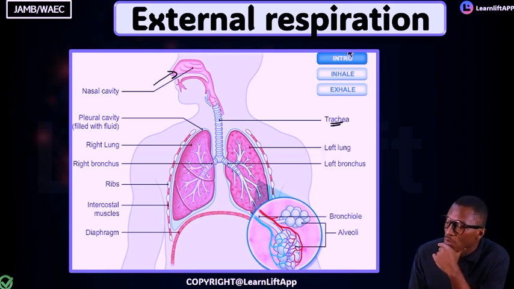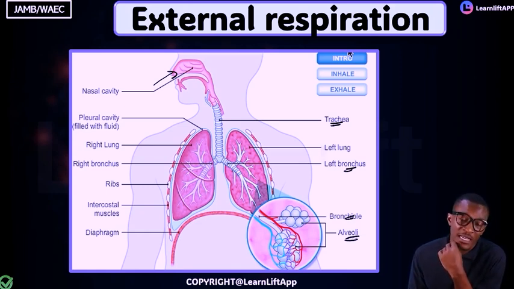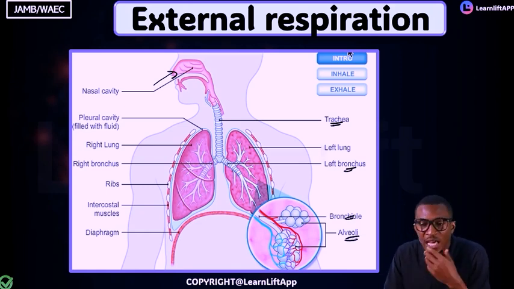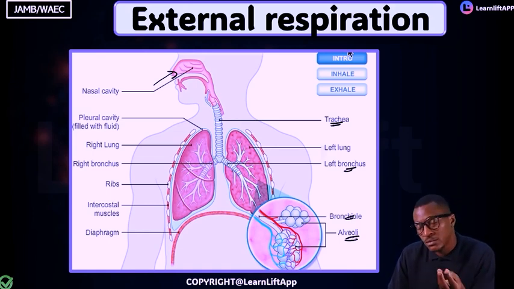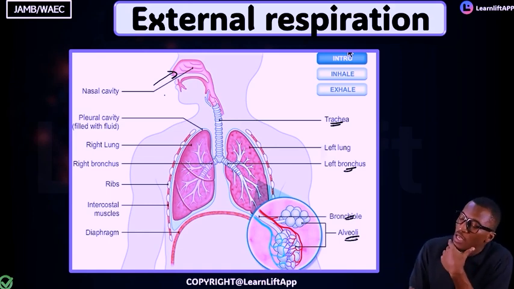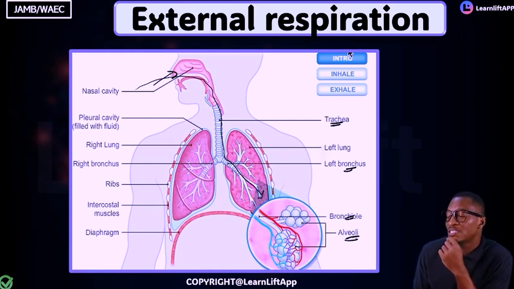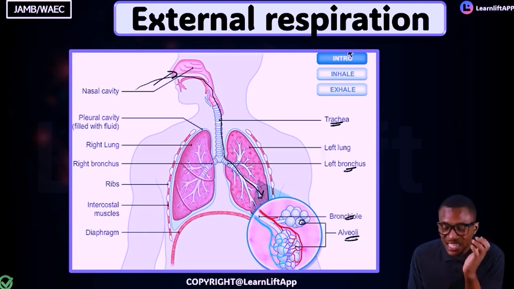From the bronchi, it goes to the small bronchi called bronchioles. From the bronchioles, it goes to the sacs called alveolar sacs, and inside the alveolar sac are the alveoli. In other words, in external respiration, this is how gases move. It gets to the lungs, then to the alveoli, and it ends.